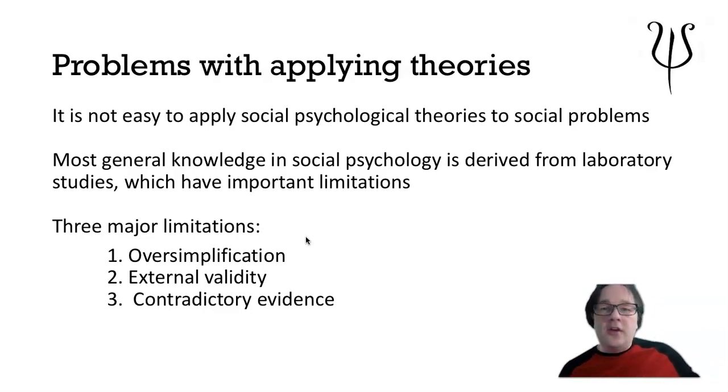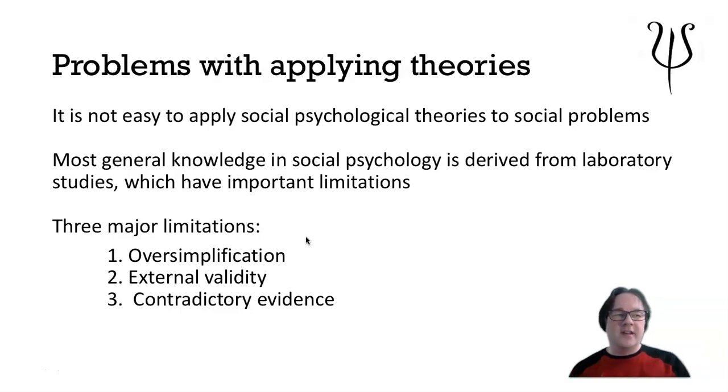Sorry. Okay, so what are some of the potential problems with applying social psychological theories to social issues? Well, number one, it's definitely not always easy to apply social psych theories to social problems. Sometimes it's not clear that there's a connection there.